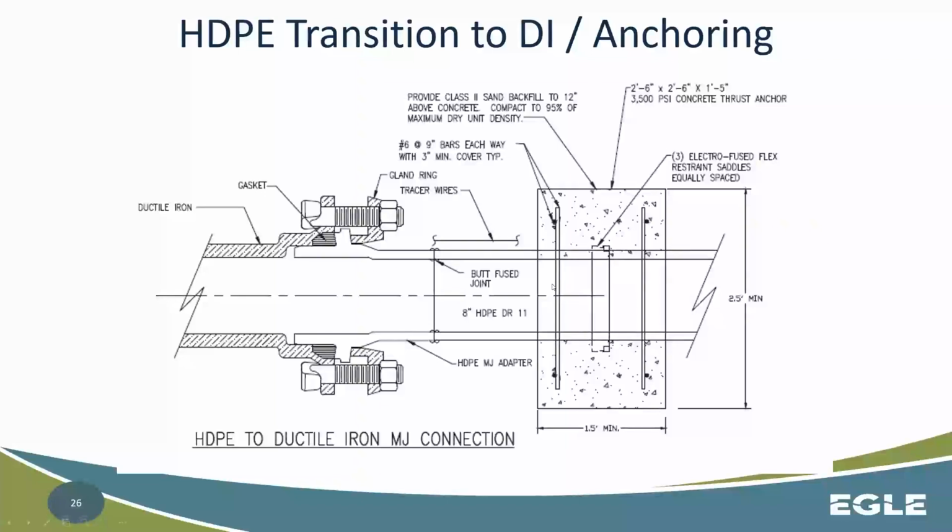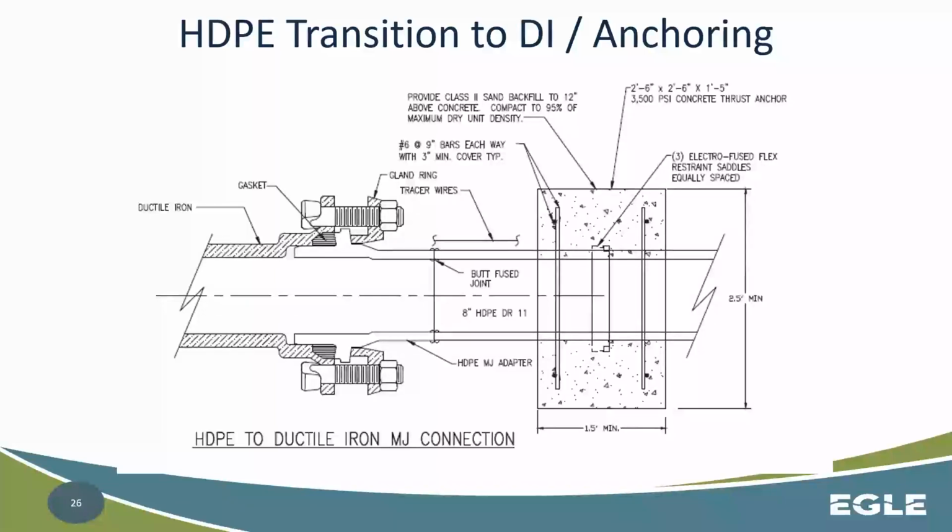You can see, let me get my cursor over here, you have some rods here, some bars here for that mechanical restraint. We'll talk about thrust restraint in a little bit and in some more detail. You have to fuse their joint together. I think this is actually a restraint saddle as well to help with that thrust restraint. You have the thermal joint here that connects the actual HDPE mechanical joint adapter.